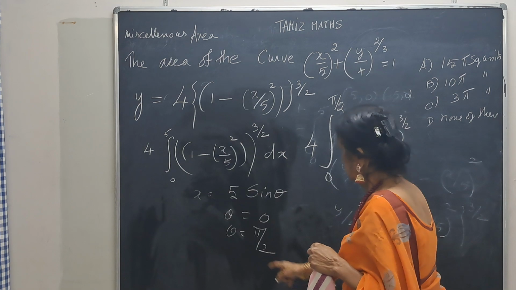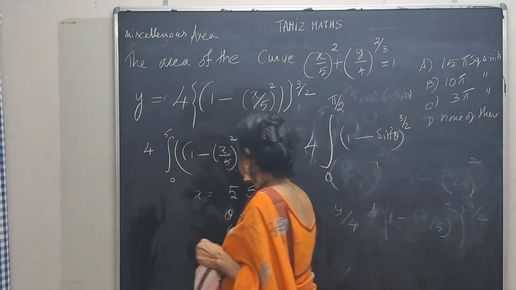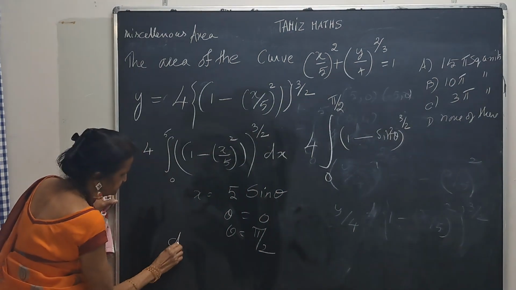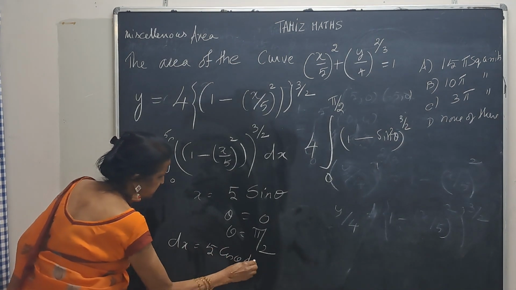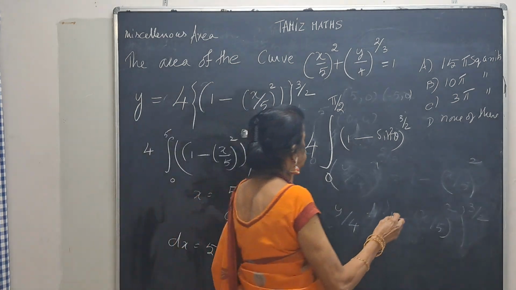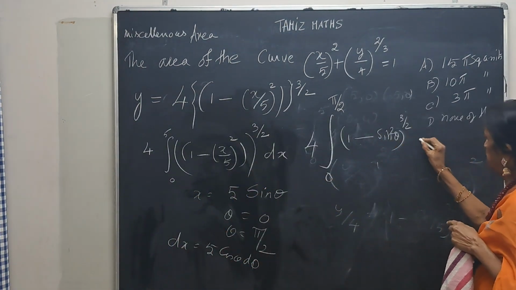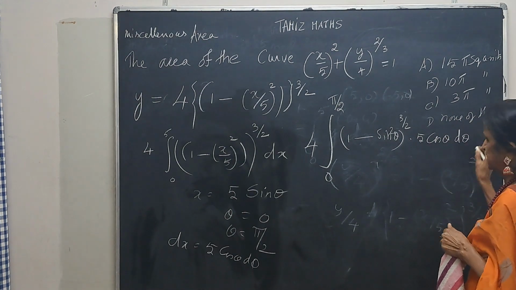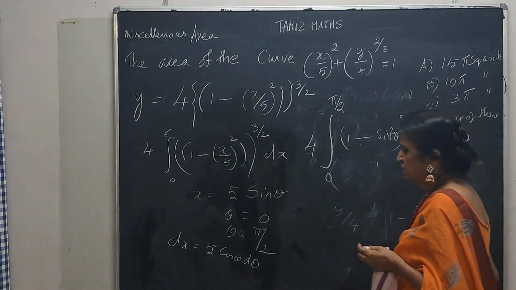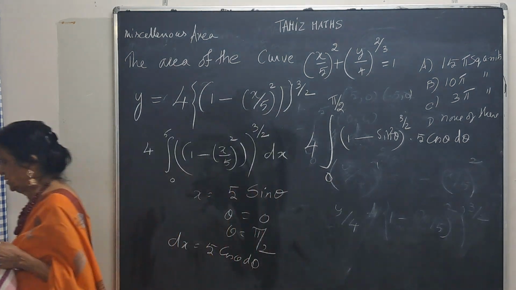Then what is dx? dx will be 5 cos theta d theta. That will be dx.